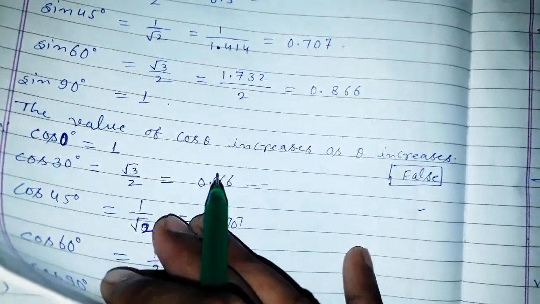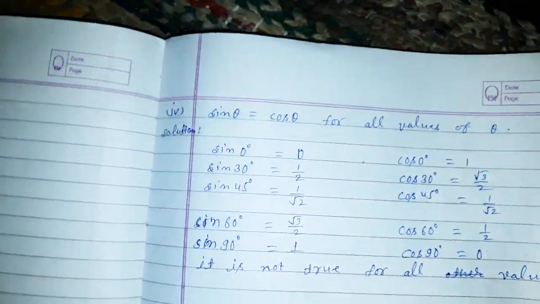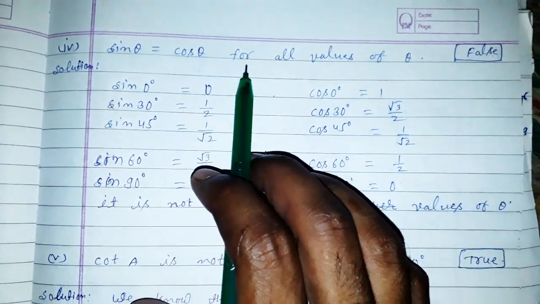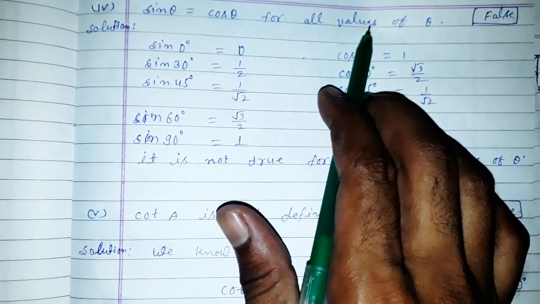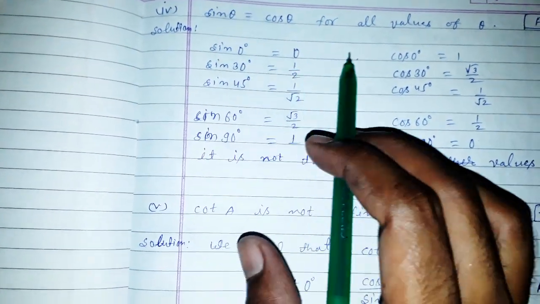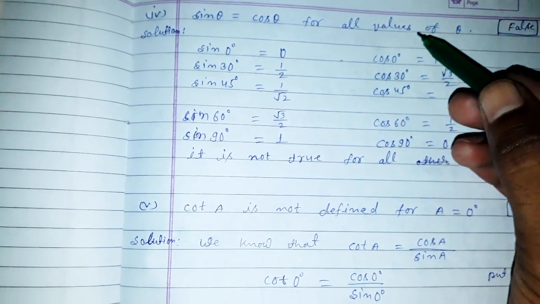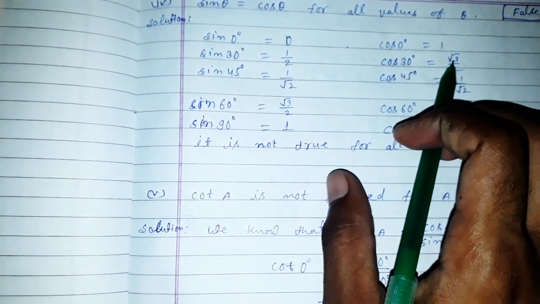Okay, next, fourth point: sin theta is equal to cos theta for all values of theta. Here, sin 0 is 0 but cos 0 is 1. The statement is false in the first condition. The next is 30: 1 upon 2, root 3 upon 2.